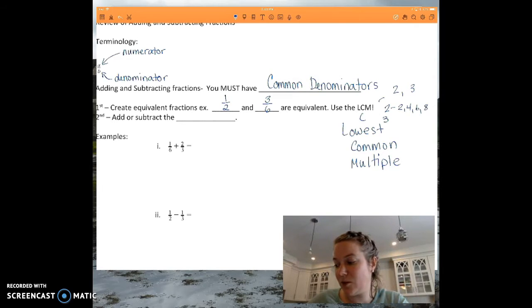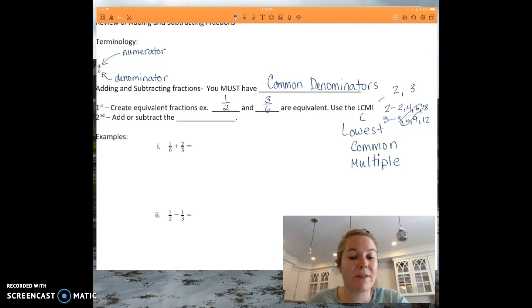And the multiples of 3 are 3, 6, 9, 12. And what do I find here? The lowest number they both have in common is 6. So the lowest common multiple of 2 and 3 is 6. So if I was working with fractions that had 2 and 3 on the bottom, otherwise known as the denominators, I would want to make equivalent fractions that have 6 as the denominator.